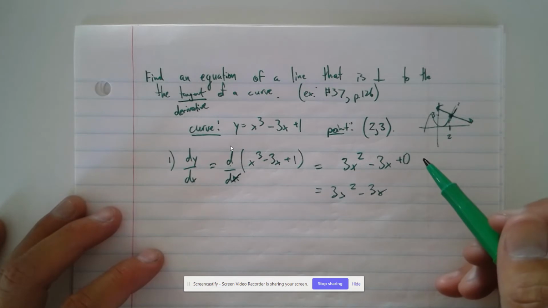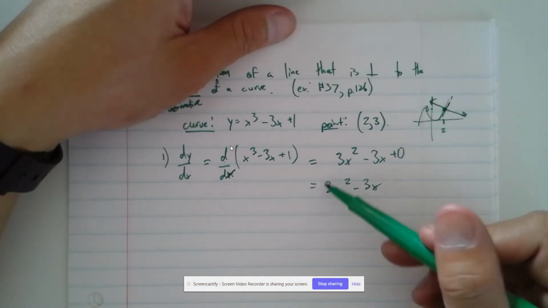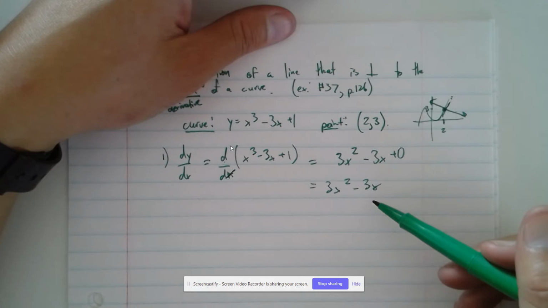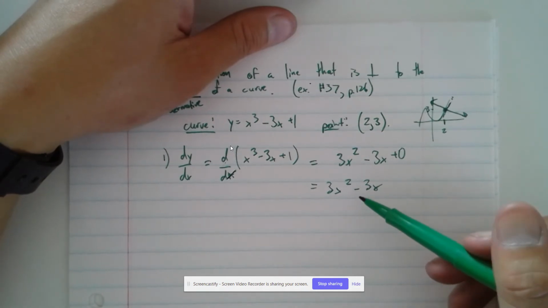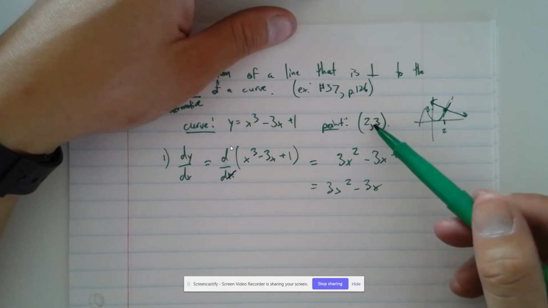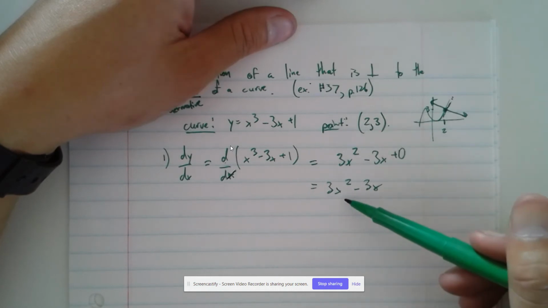This general formula gives me the derivative at any point. I want to find the derivative at x equals 2, so I don't need to do much except plug in x.